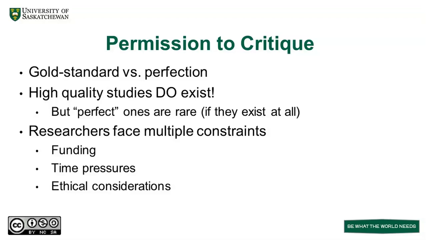There are also major ethical considerations, especially in the social sciences. There are some studies that would be very, very interesting to run, but we can't do it for ethical considerations.